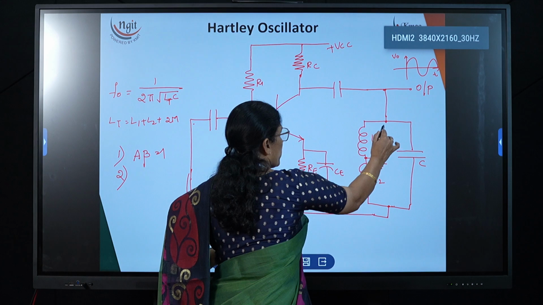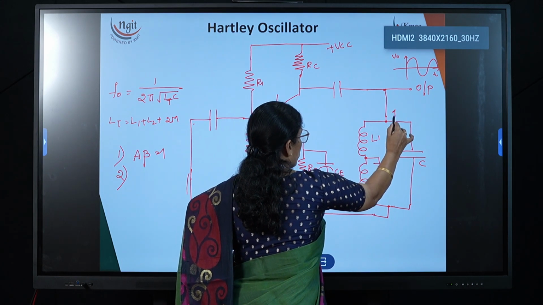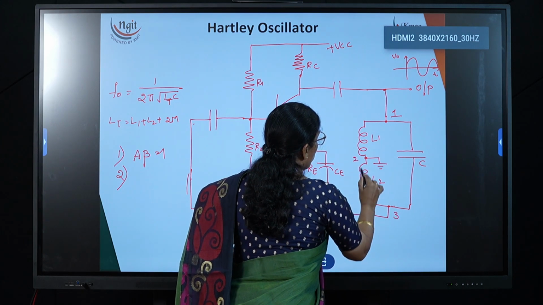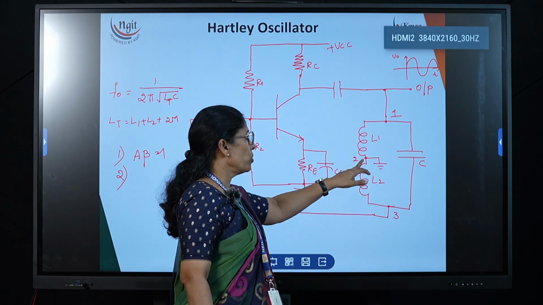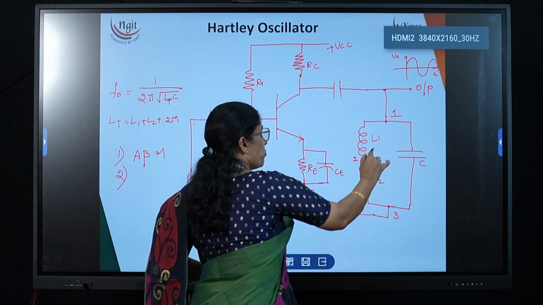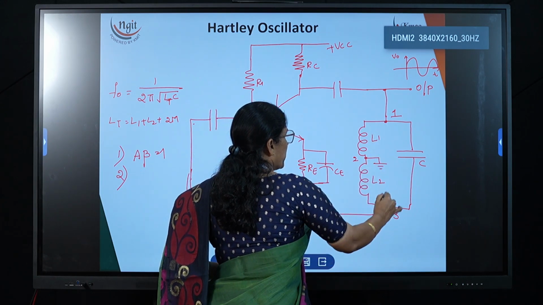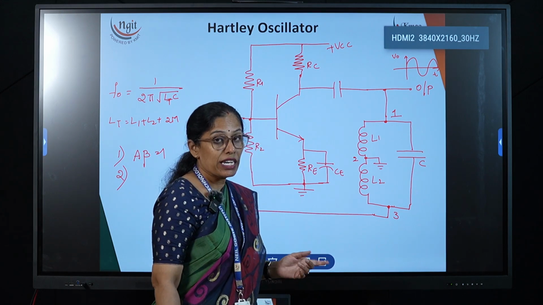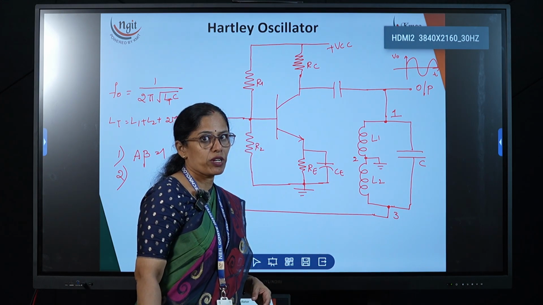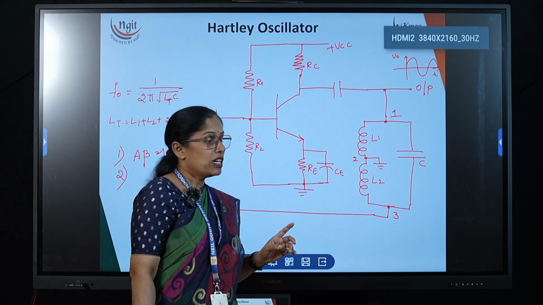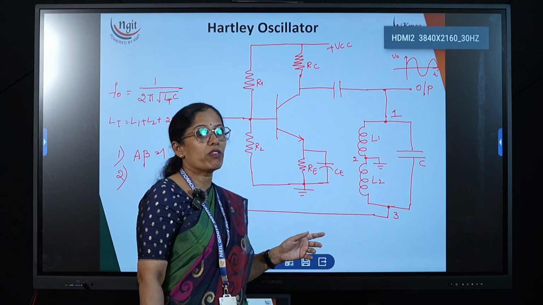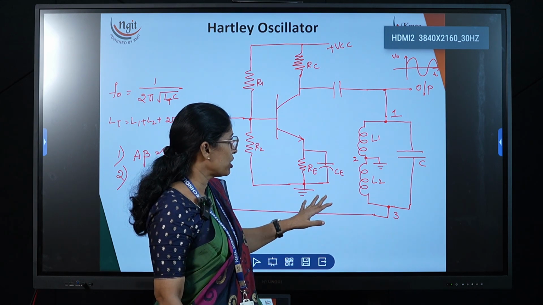Say this is point 1, this is point 3 and this is point 2. If point 2 is connected to the ground, then point 1 is 180 degrees with respect to point 3. If you recollect the center tapped transformer, the secondary is taken at the exact center point and grounded, thereby it will produce the 180 degrees phase shift. The same concept we can use here also.